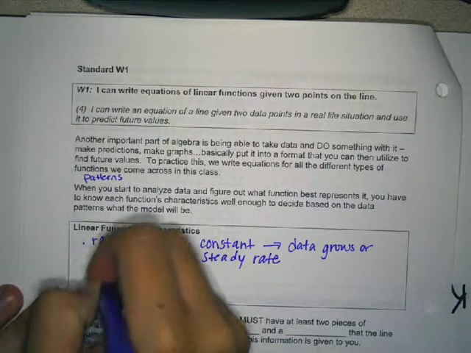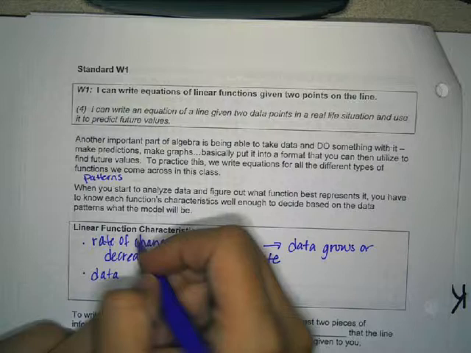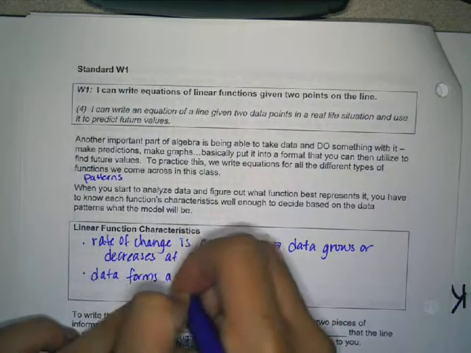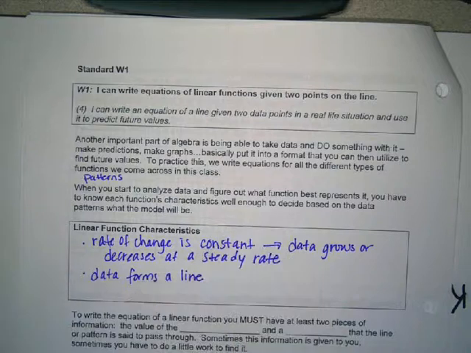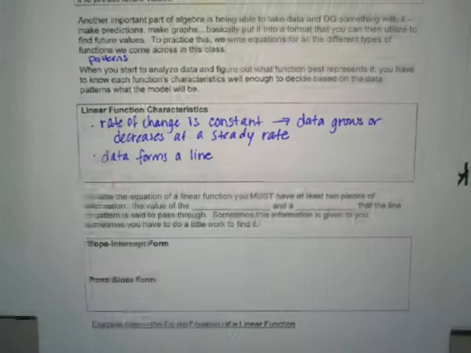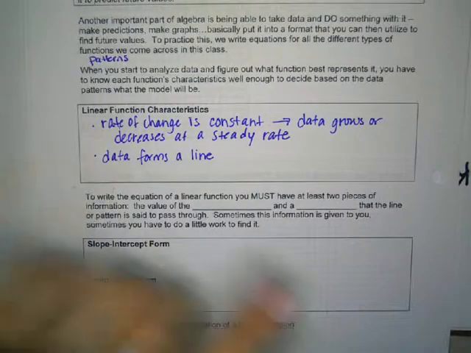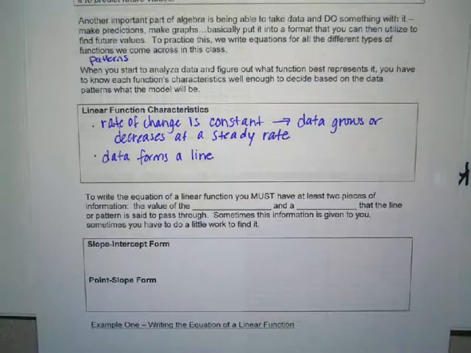Another characteristic is that the data forms a line. Now sometimes not all the points lie directly on the line, as you'll see in our bone length packet, but at least when you plot the data, it kind of looks like, we call a linear trend, that it might form a line.